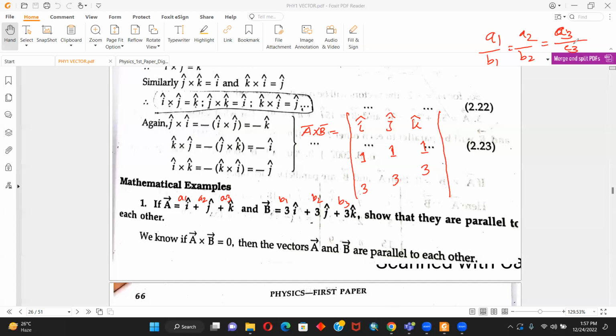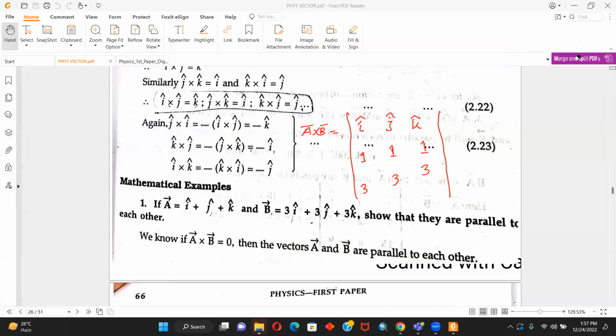Have you read this in the equation chapter? That if these three are equal, then the lines are parallel. Yes. So you can already understand that the lines are parallel. But let us try to get it from the cross product as well.